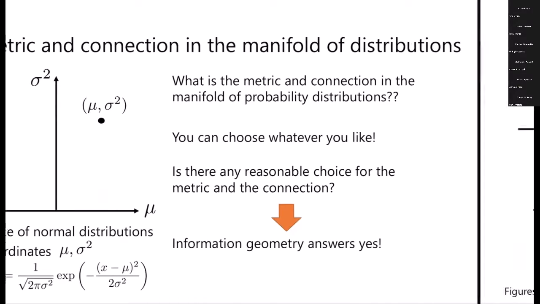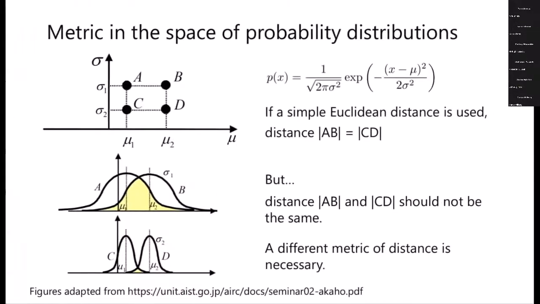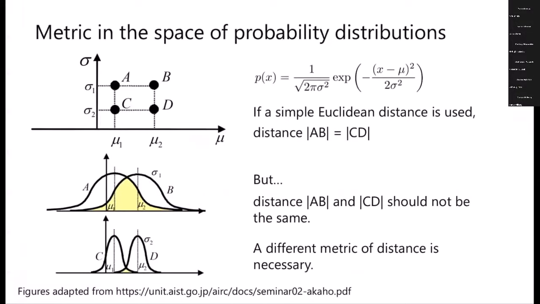So how can we choose some reasonable measure? First, about the metric in the space of probability distributions. Let's consider these four points A, B, C, D. If simple Euclidean distance is used, for example, distance AB and CD are the same, but the probability distributions look like this.